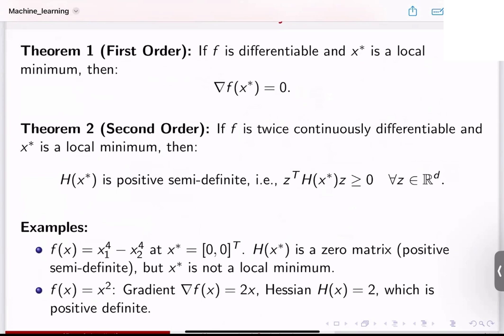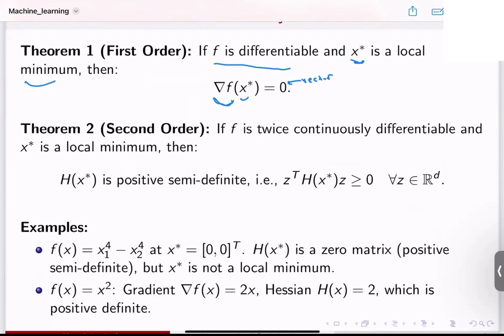If f is differentiable and we have a local minimum, then it's necessarily a critical point, in the sense that the gradient of f at that point must be the 0 vector.